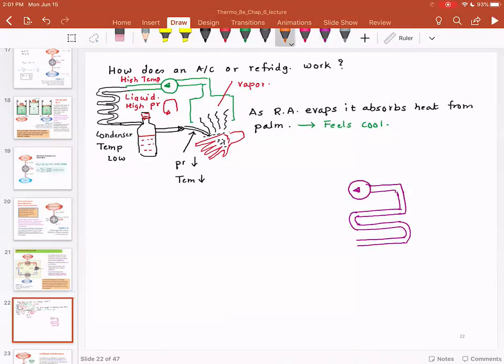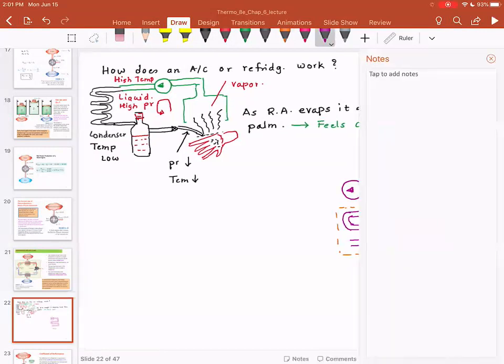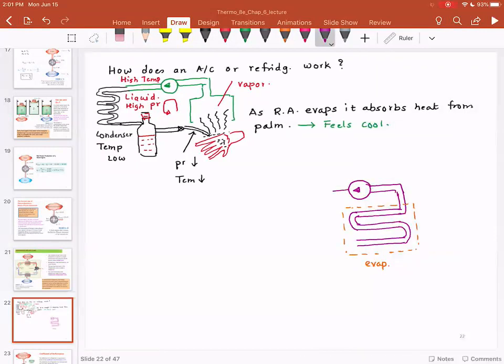This is called the evaporator. Then this compressor is connected to another heat exchanger, and that heat exchanger is called the condenser.